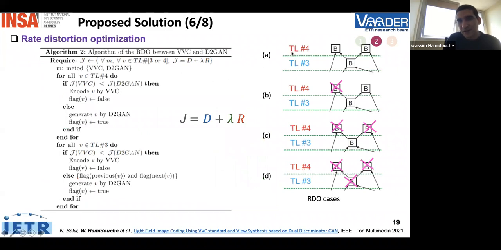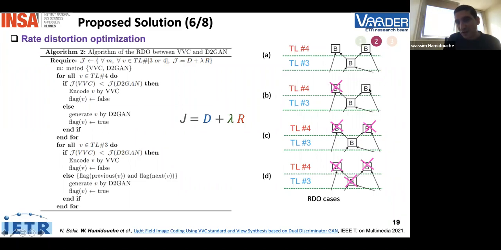For example, we have temporal layers 4 and 3 at step A. For this view, we compute the rate distortion cost, which is equal to the distortion plus lambda times the rate. If it's better to synthesize it, we will remove it from the VVC encoder, as we can see here in step B.